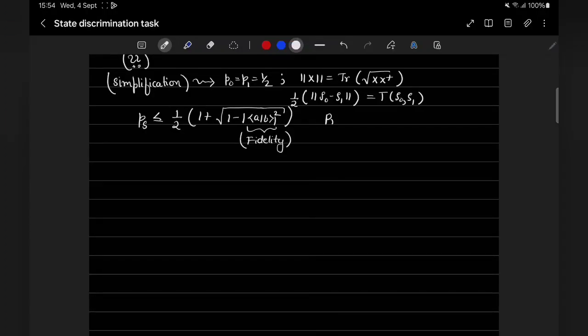So the proof, I will divide it into three parts. The first two parts will be simplification of the basic statement of the theorem, and the third part will be the actual proof.